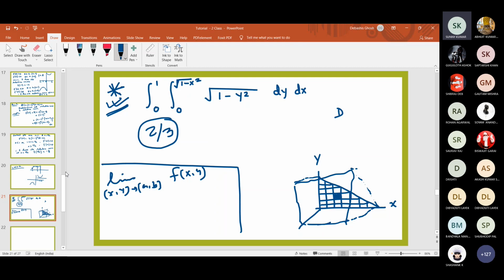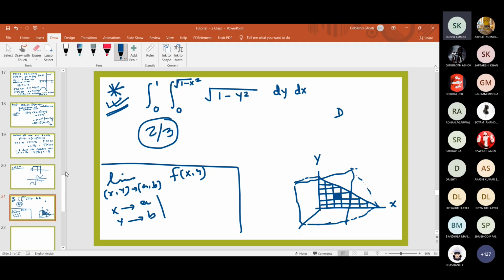Whenever you evaluate this, you have to test whether the limit exists or not. You cannot move in your own way, with x tending to a separately and y tending to b separately. You have to move the point (x, y) towards (a, b) as a whole, together. So for that you have to choose one path along which x and y move towards (a, b) together.